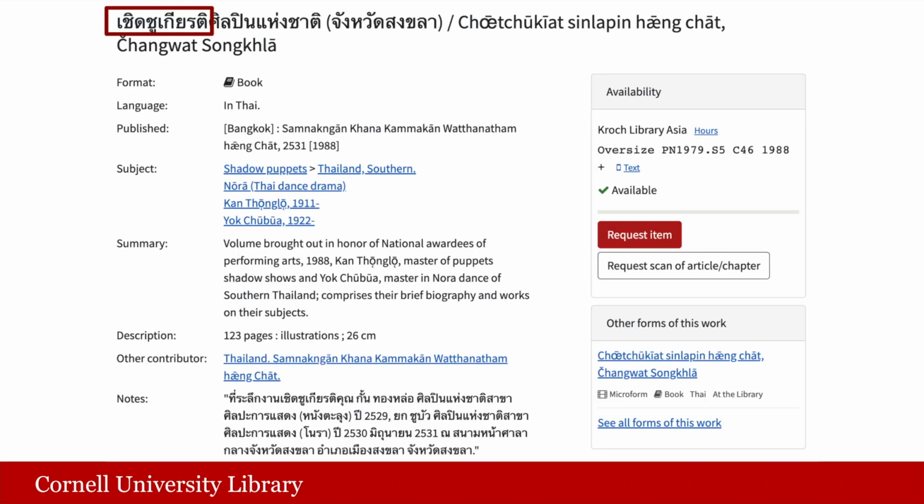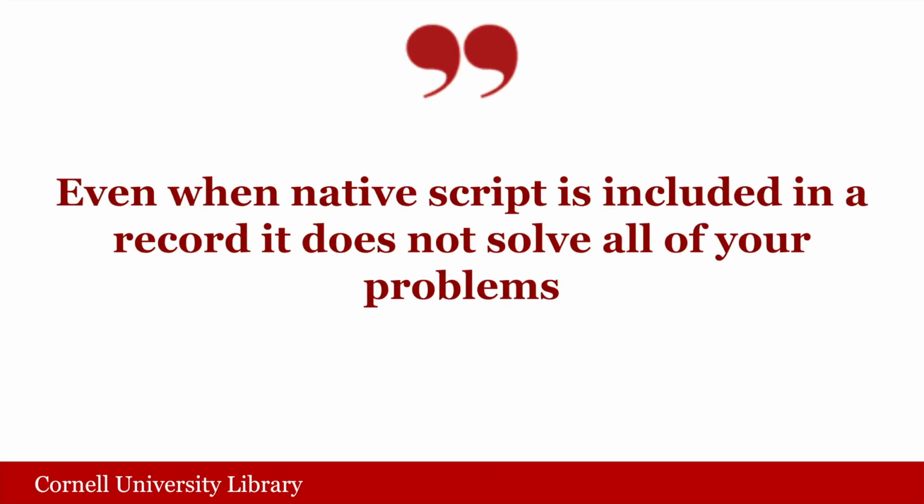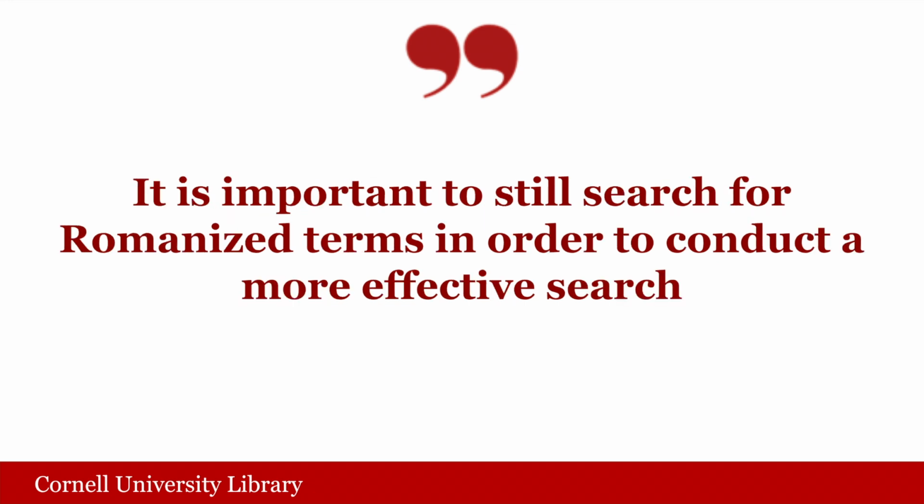While this word in Thai should be its own term, the computer system does not recognize it in this record as independent from the combined phrase in Thai because the information was entered into the record without noting that these are separate words. The computer thinks it's all one word. To find this record, you would need to search for this entire phrase. Even when native script is included in a record, it does not solve all of your problems, and it is important to still search for Romanized terms in order to conduct a more effective search.